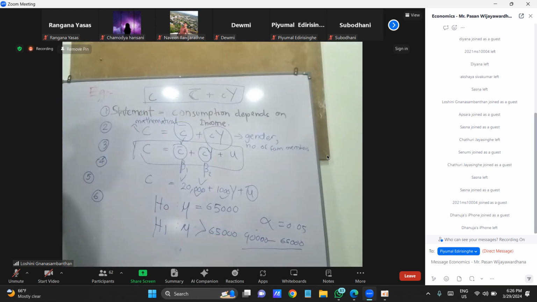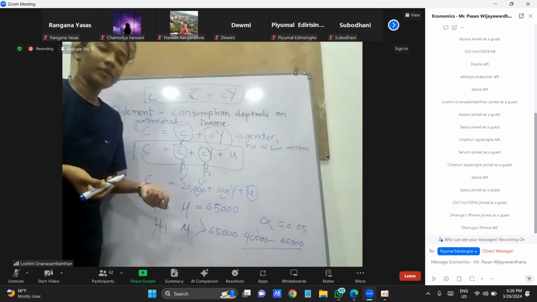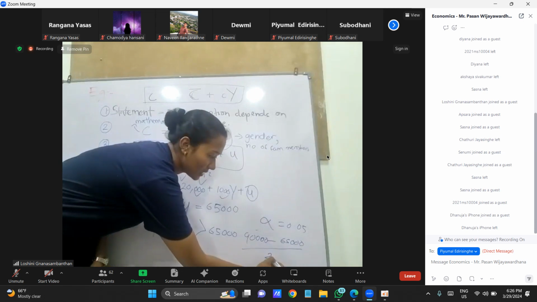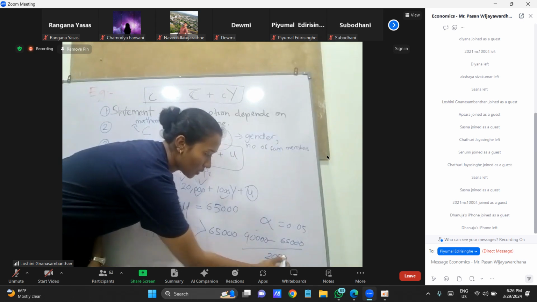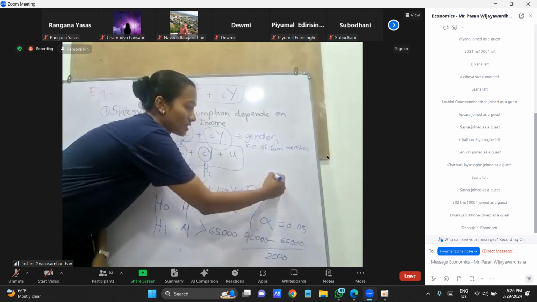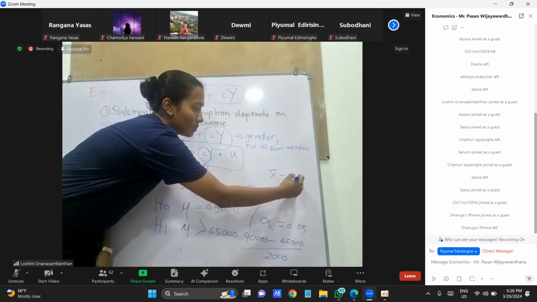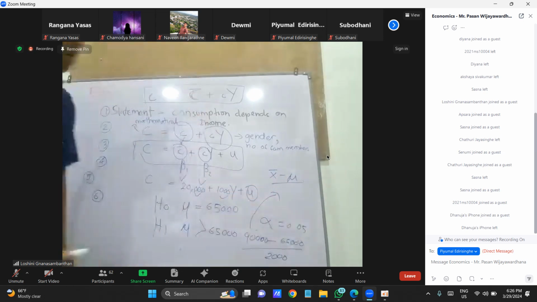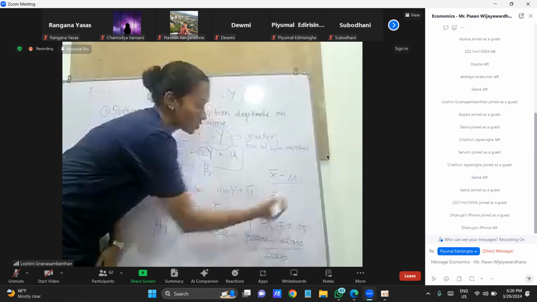Standard deviation also you can get it from the sample that you have selected. Okay. So standard deviation, let's say we got around 2,000. So what is this? This is X bar minus mu over standard deviation.